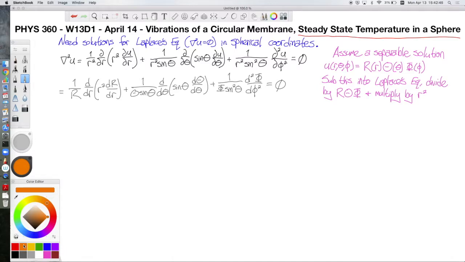So we still haven't completely separated our variables here, but we can if we multiply everything by sine squared of theta. Then this last term here will be only in terms of phi. So doing that and rewriting our equation, we obtain the following.